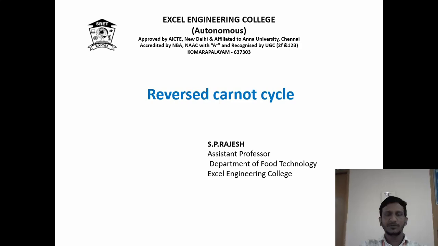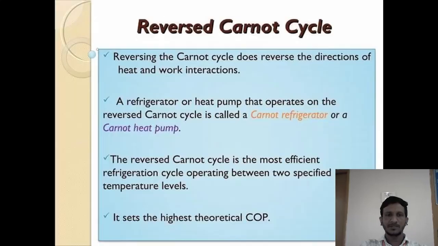In this video, we are going to discuss the reversed Carnot cycle and its operations. The reverse Carnot cycle reverses the direction of heat and work interactions. The refrigerator and heat pump that operate on the reversed Carnot cycle are called the Carnot refrigeration or Carnot heat pump cycle.